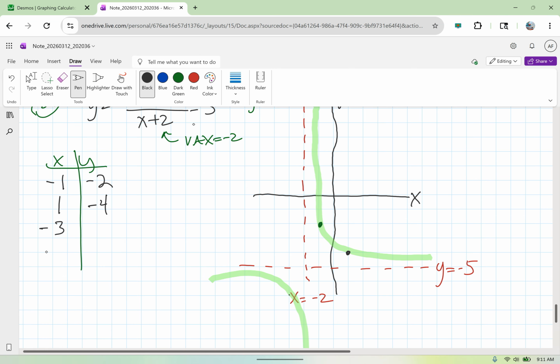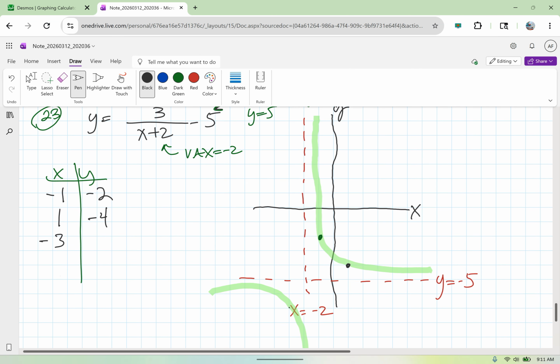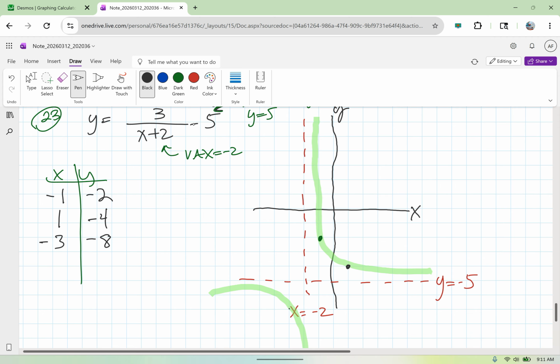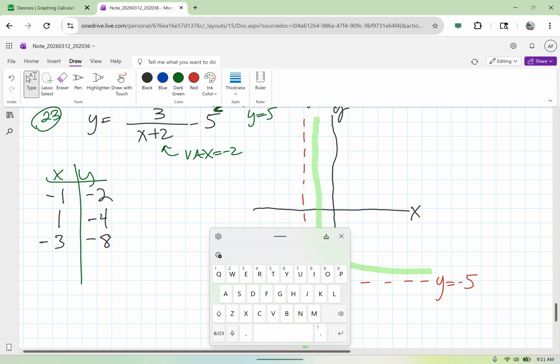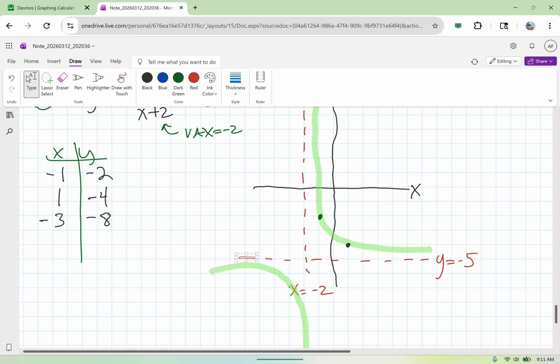Okay, when x is -3, plug that in, and out pops -8. 1, 2, 3, down 8. 1, 2, 3, 4, 5, 6, 7, 8. Not too bad. And -5.